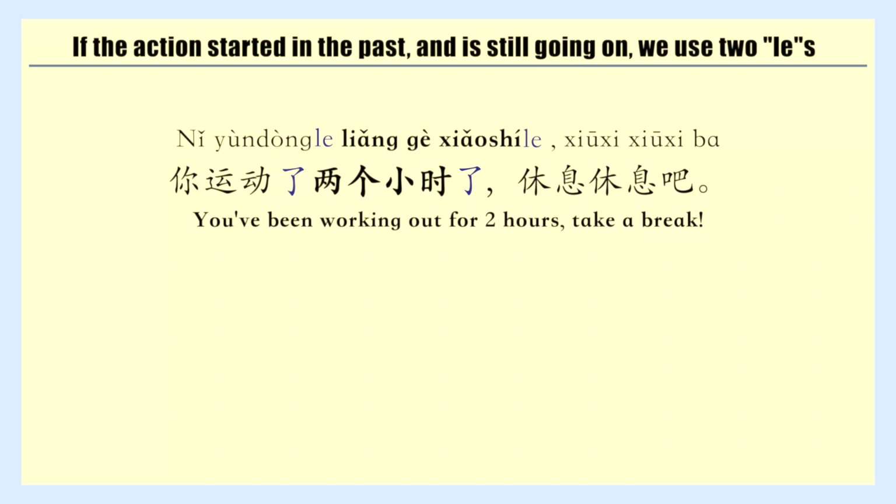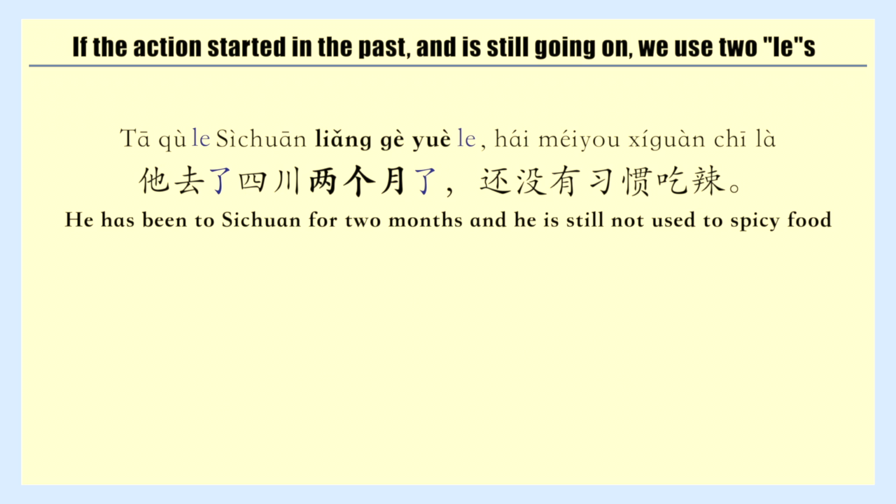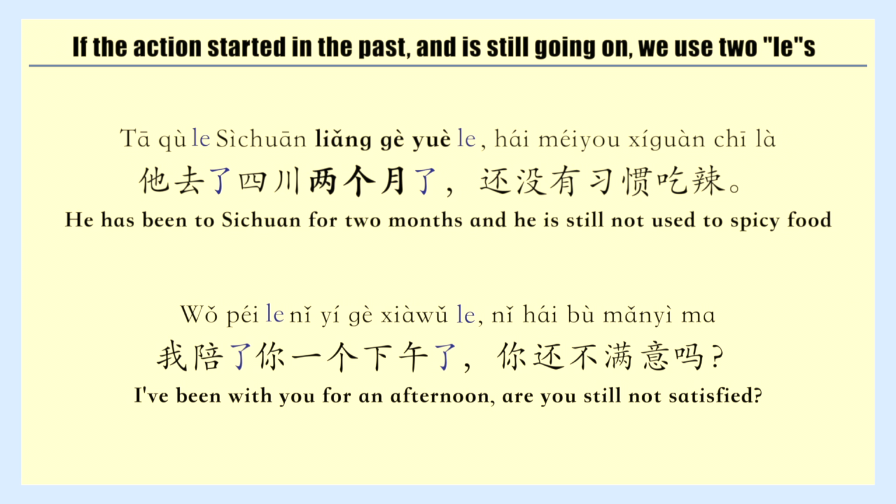Let me give you some examples. 你运动了2个小时了，休息休息吧。我学了差不多3个月中文了。他去了四川2个月了，还没有习惯吃辣。我陪了你1个下午了，你还不满意吗？ What a jerk.